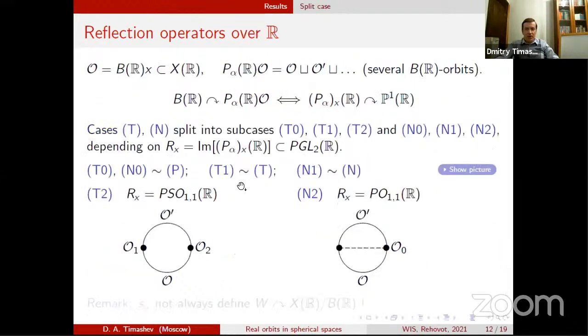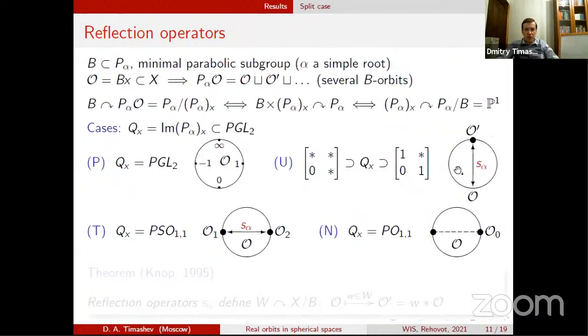Also, there are two other subcases marked by the index 1, in which the picture is similar to the complex cases T and N. Let me again show this picture. So in the T1 case, we have 3 orbits, an open one and 2 closed orbits. And in the complex N case, we have 2 orbits, an open one and a closed one.